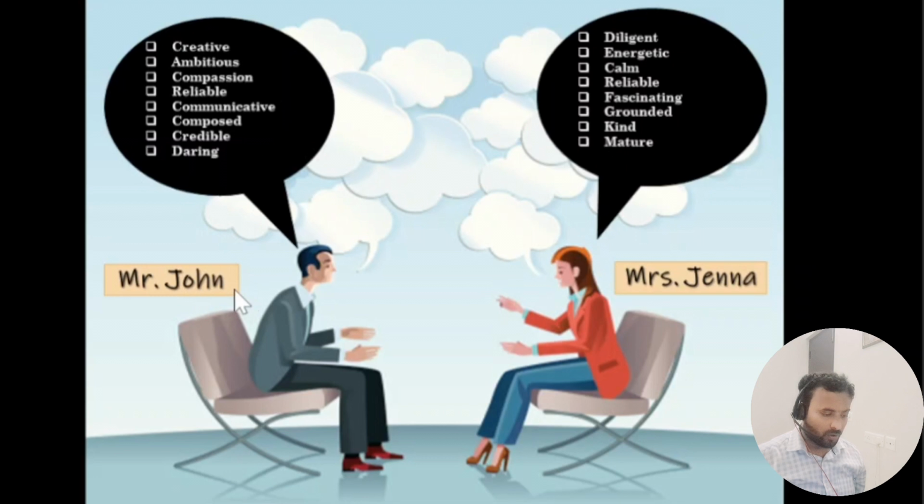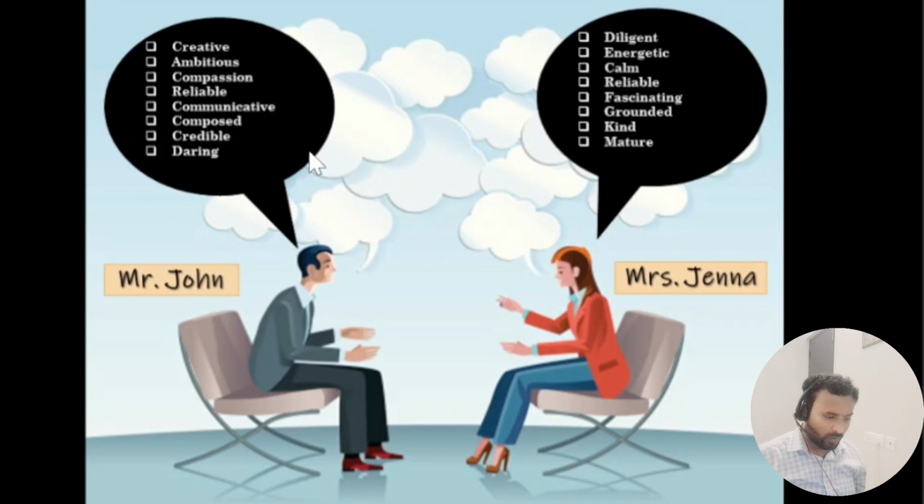The attributes that Mr. John has: he's very creative, ambitious, compassionate, reliable, communicative, composed, credible, and daring. These are the attributes Mr. John possesses, right? Now let's talk about the attributes Mrs. Jenna possesses. Mrs. Jenna is very diligent, energetic, calm, reliable, fascinating, grounded, kind, and mature.